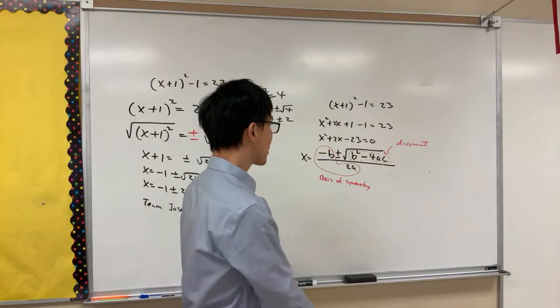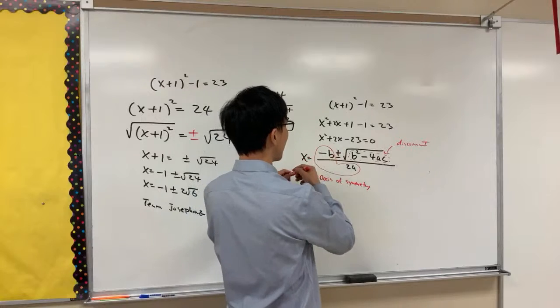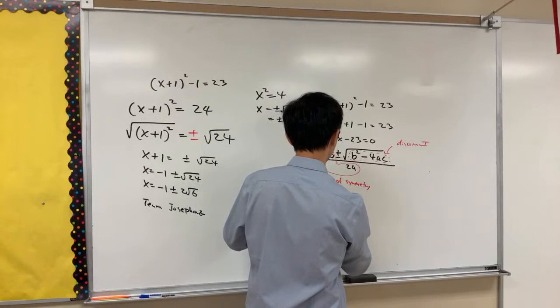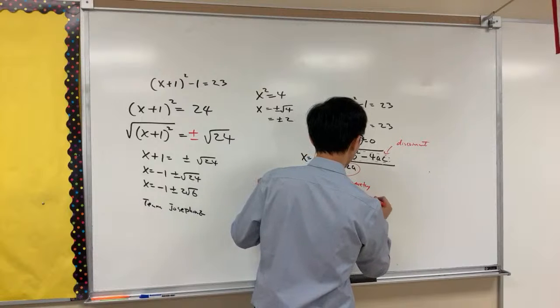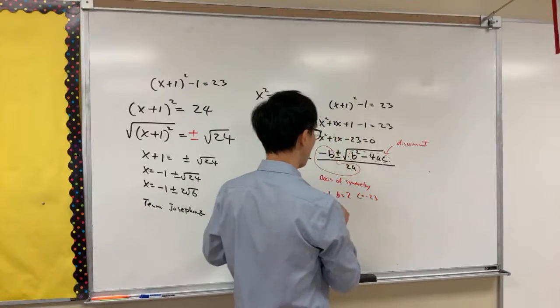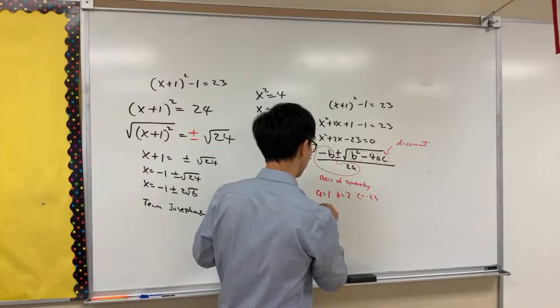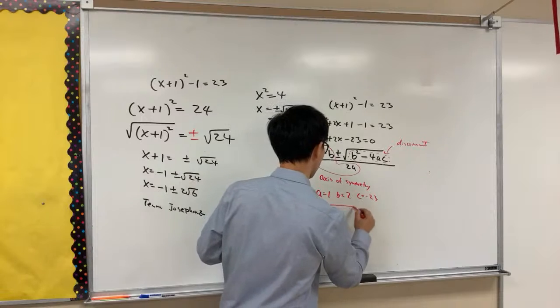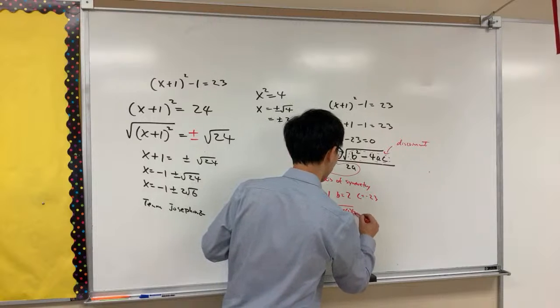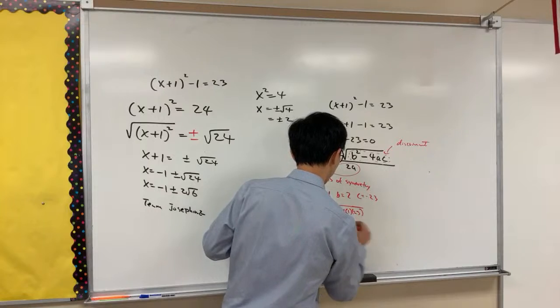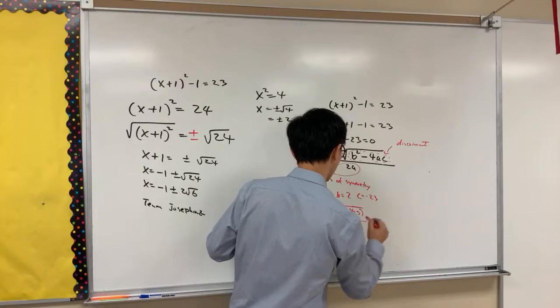So I can solve for this. I can plug in: a is equal to what? 1. b is equal to what? 2. c is equal to negative 23. So then I'm gonna get negative 2 plus minus the square root of 2 squared minus 4 times 1 times negative 23, over 2 times 1.